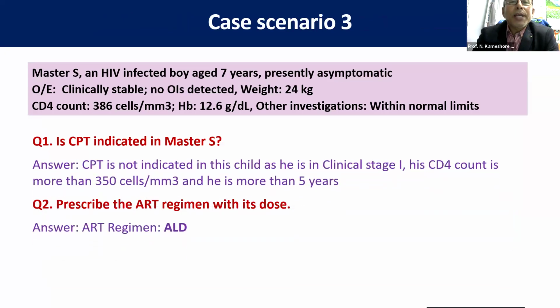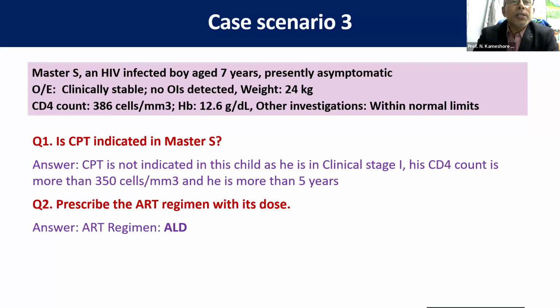Let us see case scenario 3. Here, Master S is an HIV-infected boy of 7 years, asymptomatic. On examination, the child is stable, no OI detected, weight is 24 kg. The CD4 count is 386 cells per cubic millimeter, hemoglobin is 12.6. Other investigations are within normal limits.